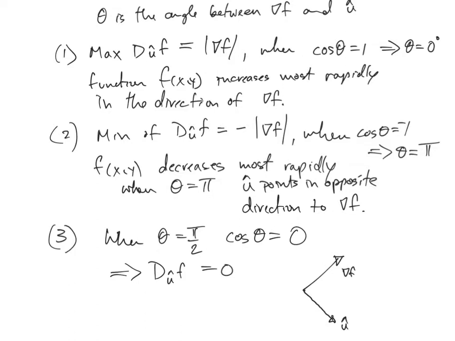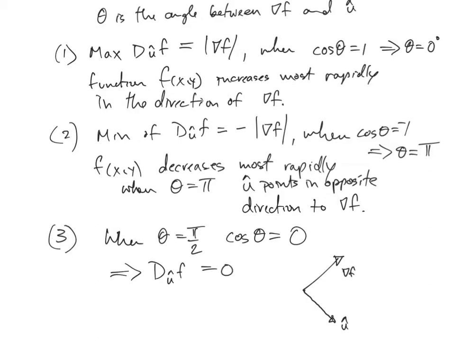So this is the case where if I'm standing on a hillside, hill goes up in front of me, right? The gradient is still pointing straight up the hill. Well, if I go 90 degrees to that, I'm walking along the side of the hill, right? I'm not going up, I'm not going down. The derivative is 0, right? The slope of the trail I'm walking on is 0. That's all we're talking about.